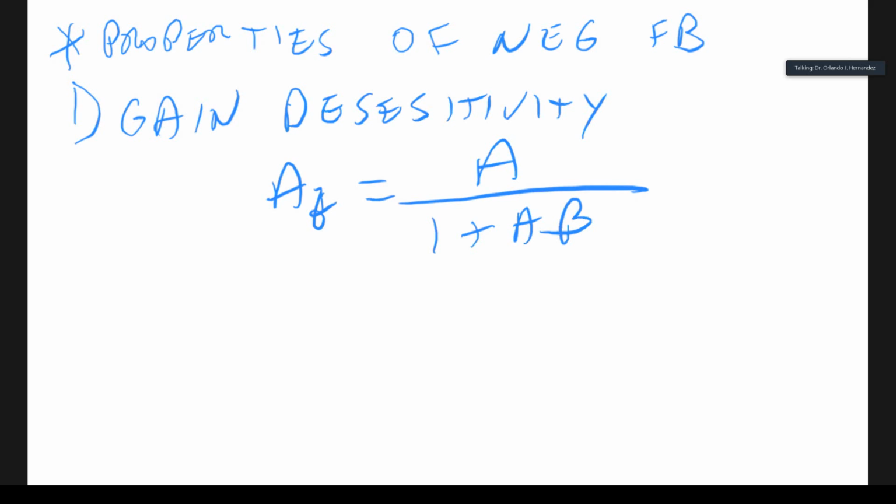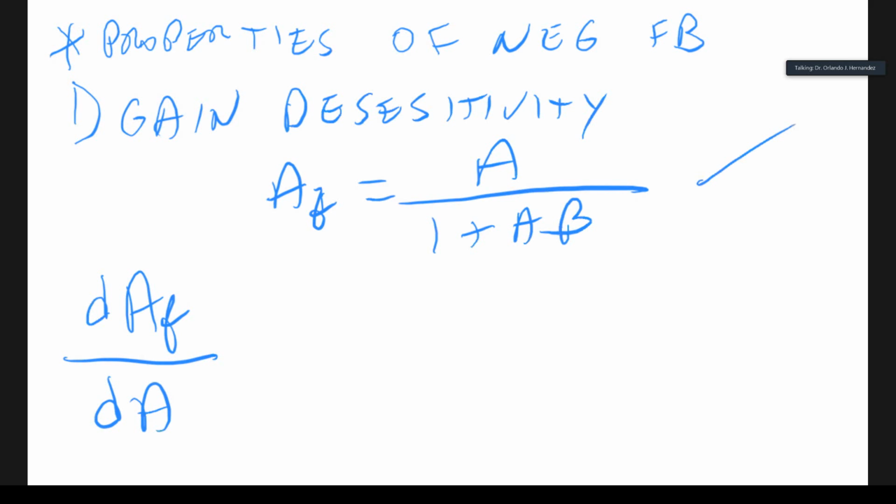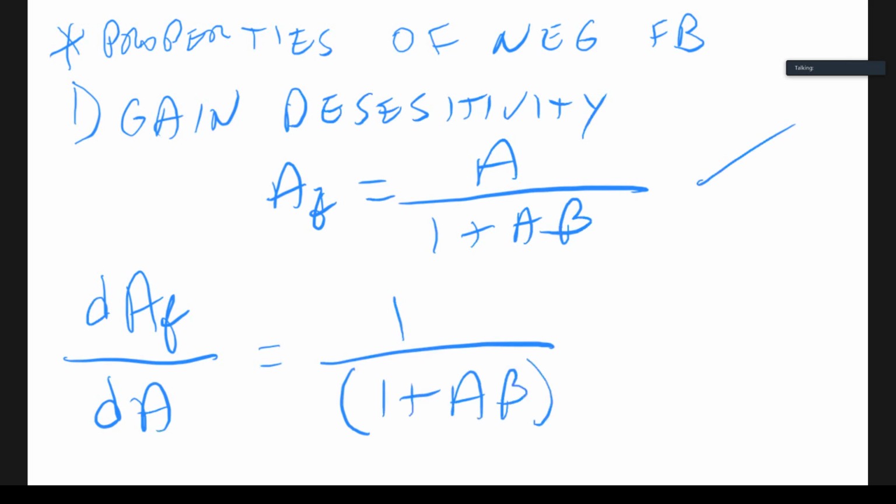If I want to see how sensitive one quantity is to the other one, what I do is I differentiate. So with respect to the open loop gain, if I take the derivative of this expression here with respect to A, I get this expression, okay?